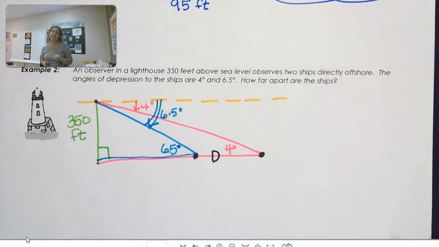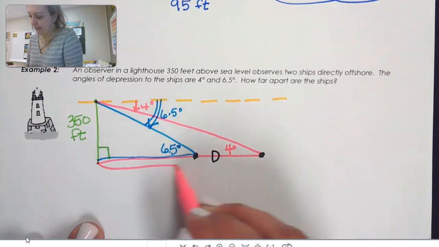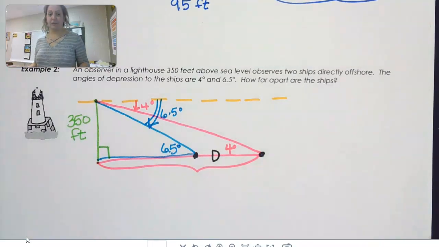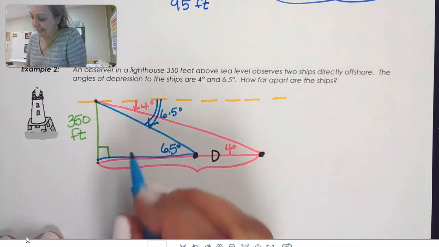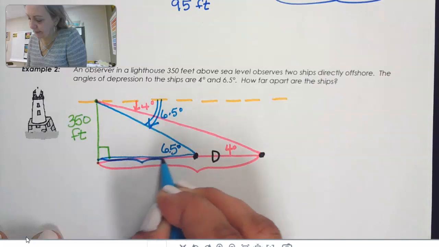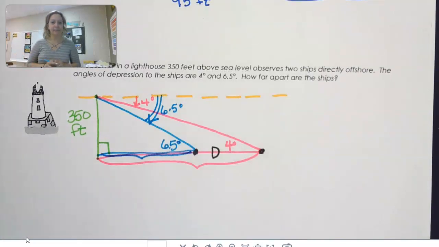Well, notice that distance D is part of the pink triangle, but it's not a complete side of the triangle. But I do notice that this whole thing right here is the side of a triangle, and this right here is the side of a triangle.